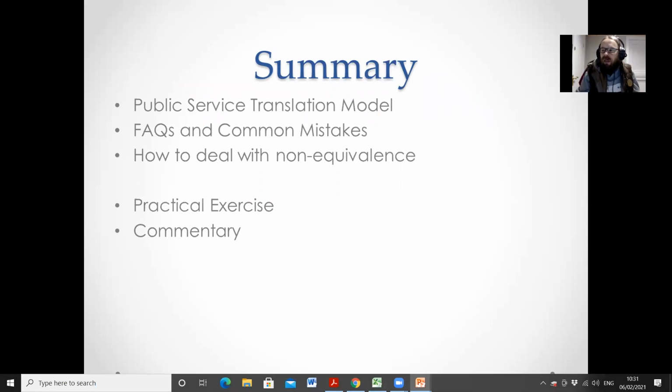Before we do that, I quite often find it's a little bit helpful for some students to talk about what it is that we're trying to achieve when we do translation work or public service translation, especially for people that have never done any written translation before, and also for people who have studied translation but haven't necessarily done a lot of public service translation, because the way you approach the type of texts that you get in public service translation might be a little bit different from the way you would approach other types of translation.